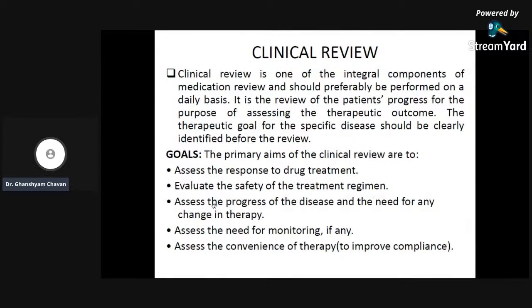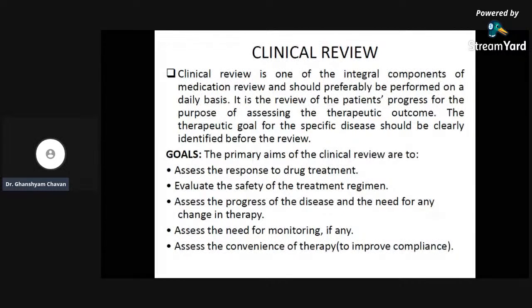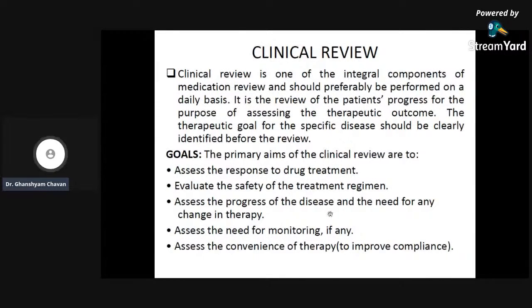Next, assess the progress of disease and the need for any change in the therapy. If progress is occurring in your disease condition, suppose you are having typhoid, and by giving these drugs the symptoms decrease, like the fever has disappeared, or your WBC count, which had increased, comes to decline.